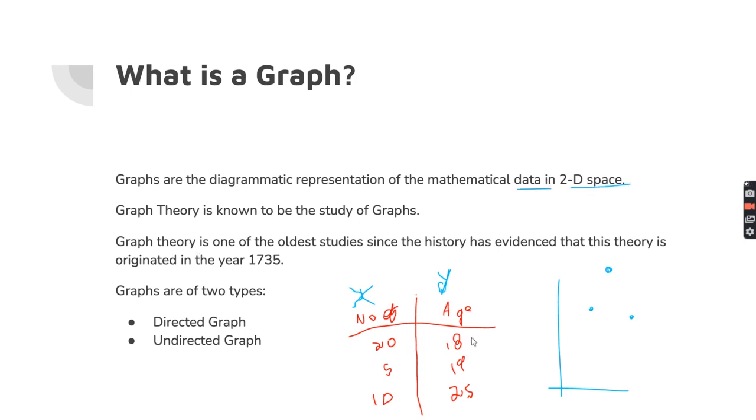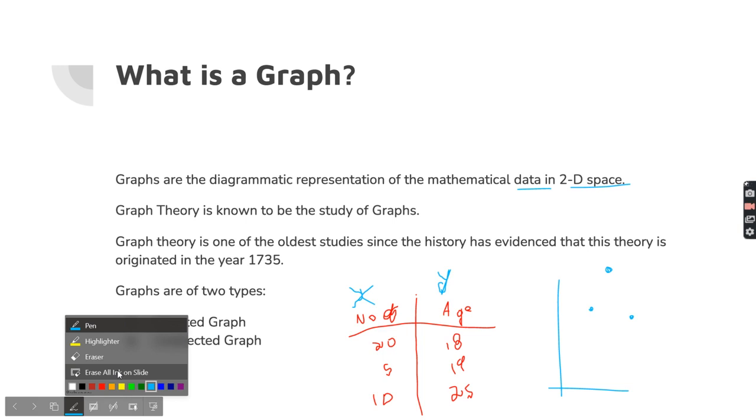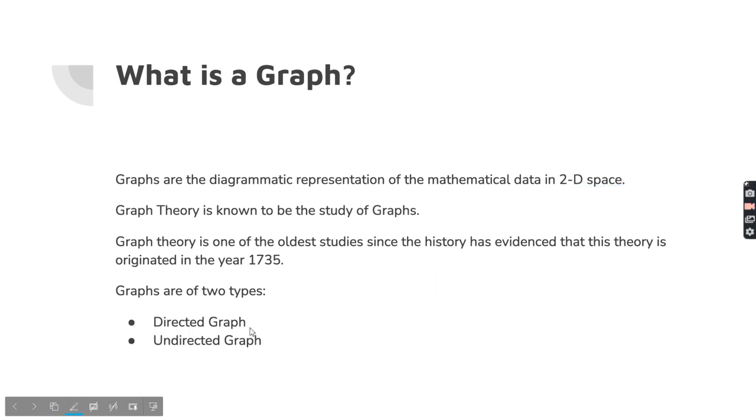The study of these graphs is known as graph theory, and graph theory is one of the oldest studies, since history has evidence that the theory originated in the year 1735. There are two types of graphs: one is directed, one is undirected. Directed graphs are graphs where the edges are given a direction.